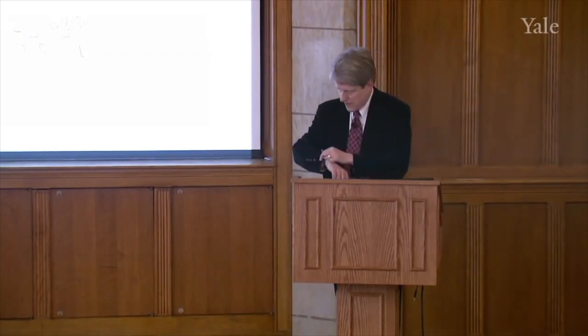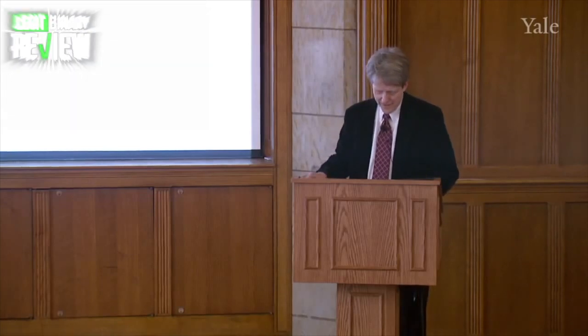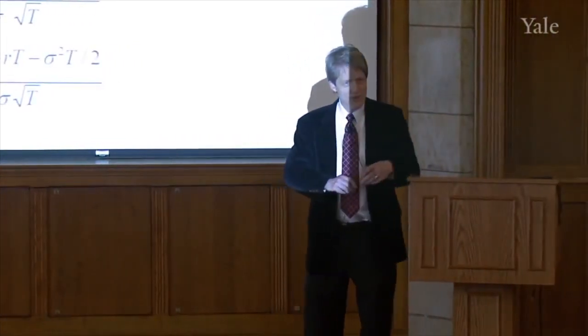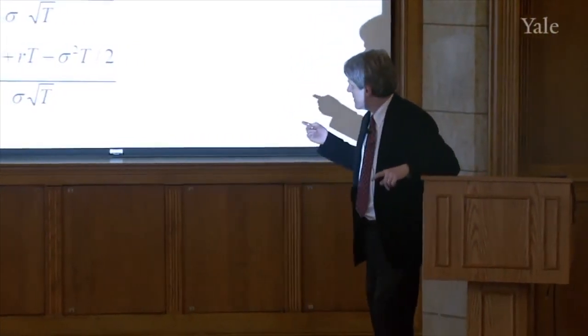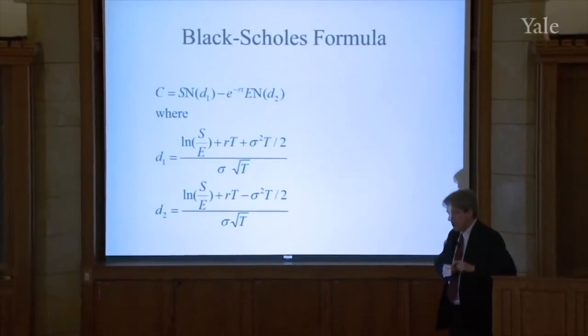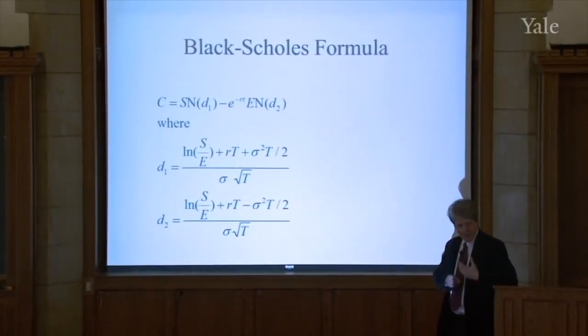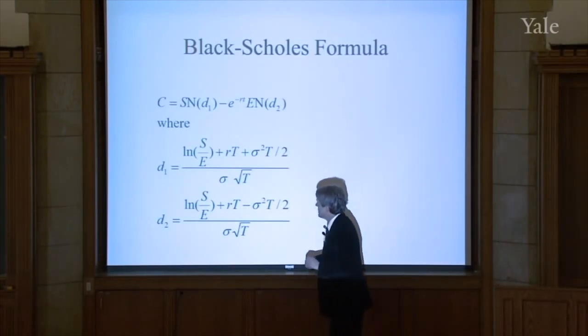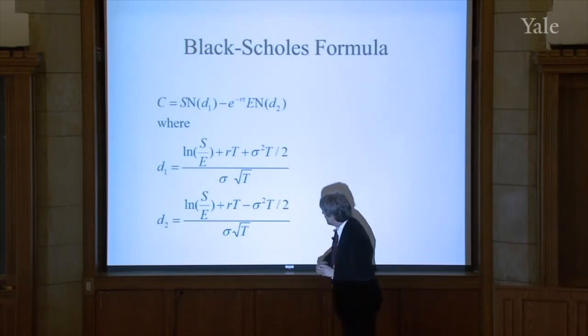I wanted to tell you about implied volatility. This equation can be used either of two ways. The most normal way to use this equation is to get the price that you think is the right price for an option, to decide whether I'm paying too much or too little for an option. So with this formula, I can plug in all the numbers.